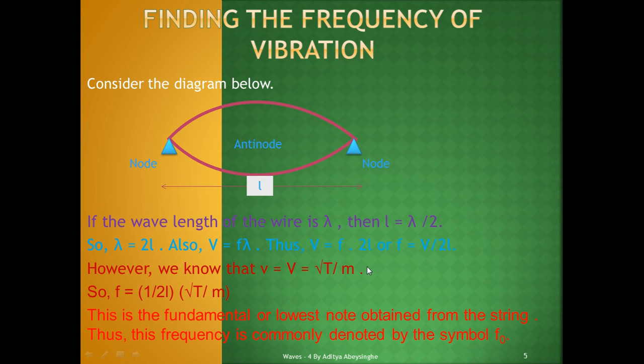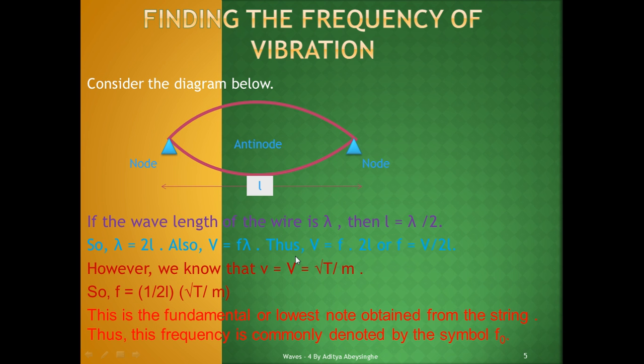You can divide the total mass by the total length to find the mass per unit length. So you can find the value of T and the value of M, find the ratio of T to M, and then take the square root to find the velocity of this string, or the velocity of the particles that travel with the string.